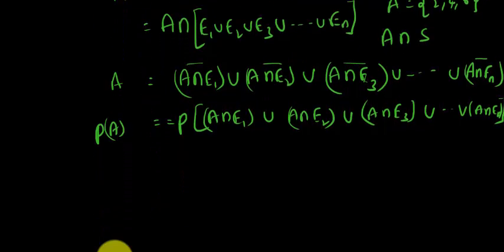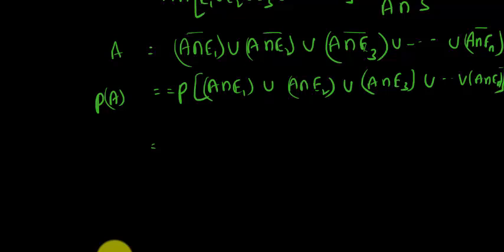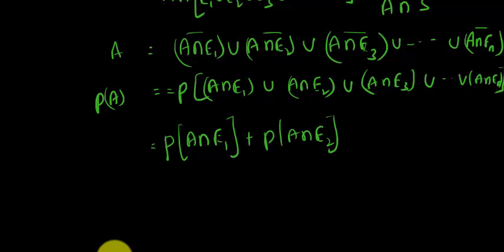Correct? Okay, perfect. Which can be written as probability of A intersection E1 plus probability of A intersection E2 plus probability of A intersection E3 plus goes on. Getting me?